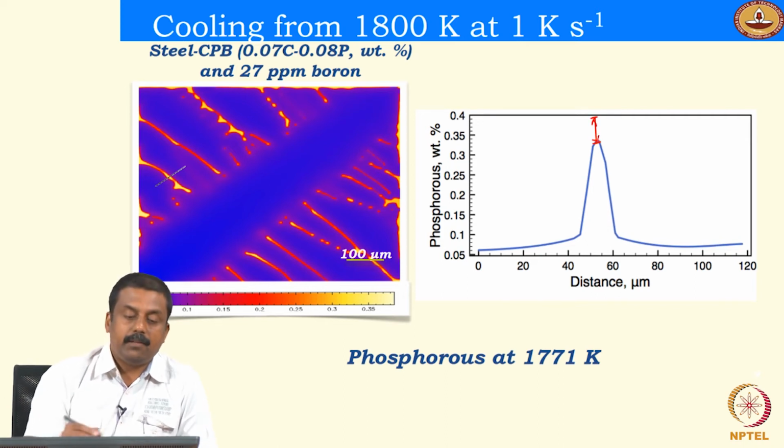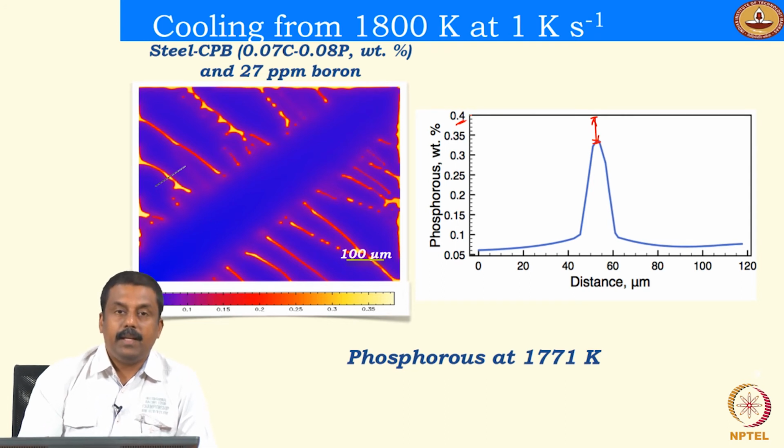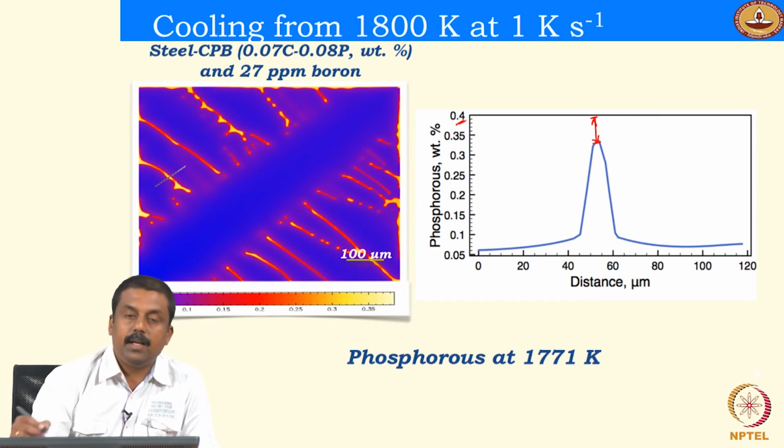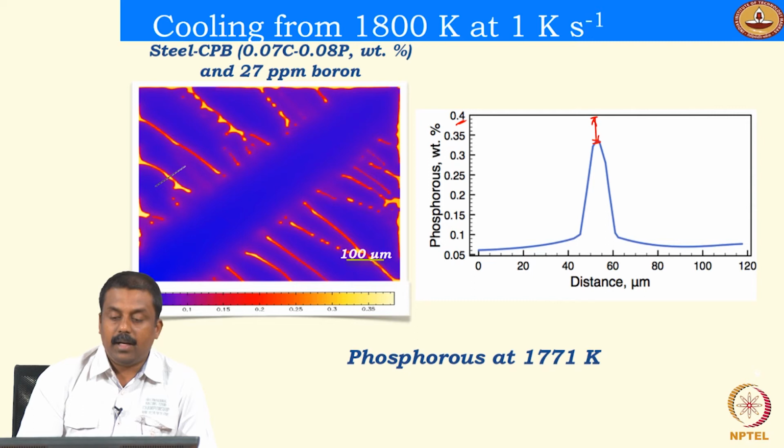Previously without boron, you see that the phosphorus concentration can go up to close to 0.4, whereas by adding 30 ppm of boron, the phosphorus at the dendritic boundary is already decreasing to about 0.1%.